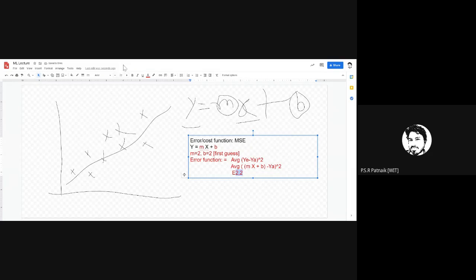Let me see if I can bring this to subscript. Where is the subscript option?